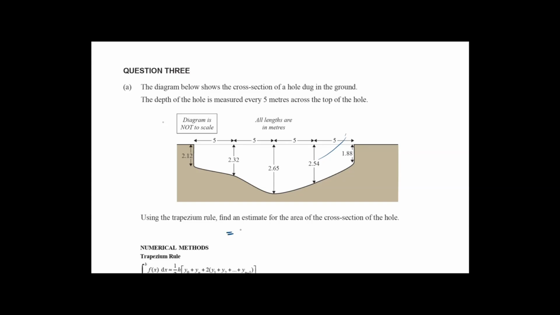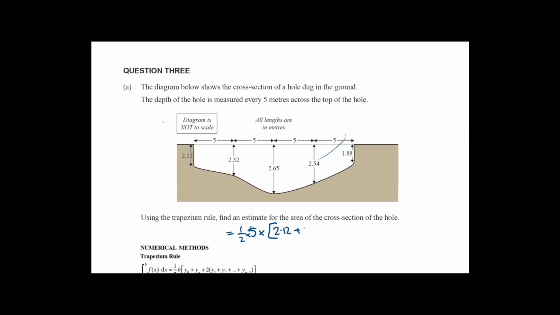So for this one here, it's going to be half. Now what is h? H is the distance between these points, and it's an even one. So half times 5, times h1 is 2.12.